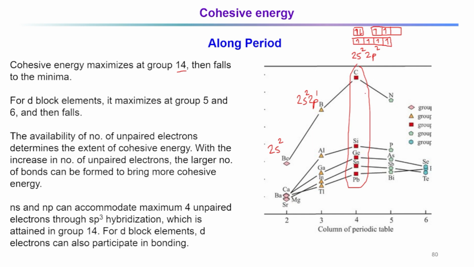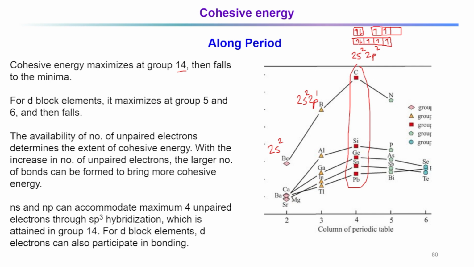And if you go to nitrogen, there is one more electron and that will be here. Even if it is sp3 hybridized, that has 5 electrons in total, so one electron pair and three unpaired electrons. As nitrogen has three unpaired electrons, nitrogen can form at most 3 bonds even after hybridization.